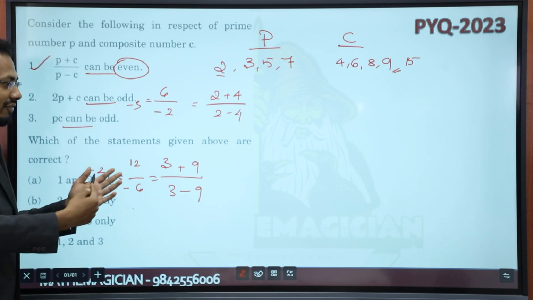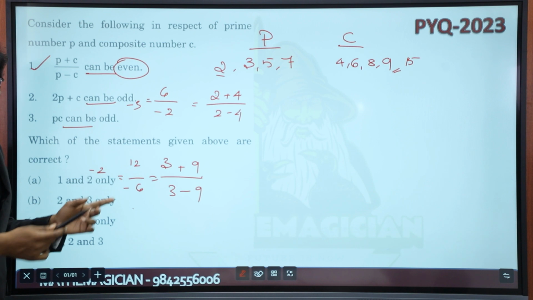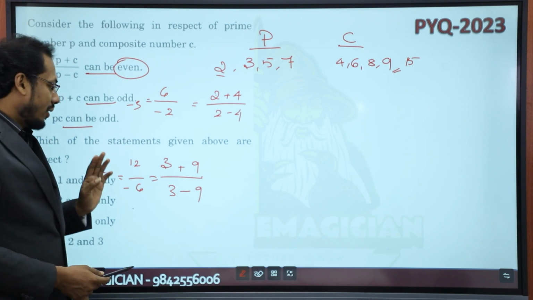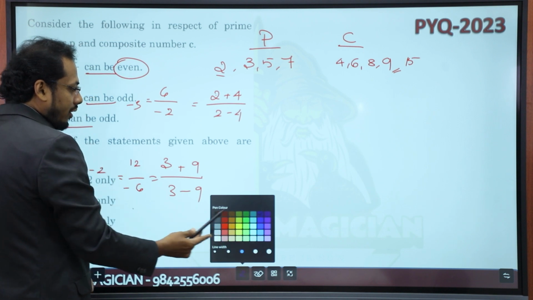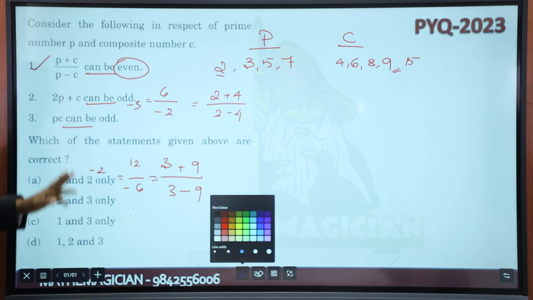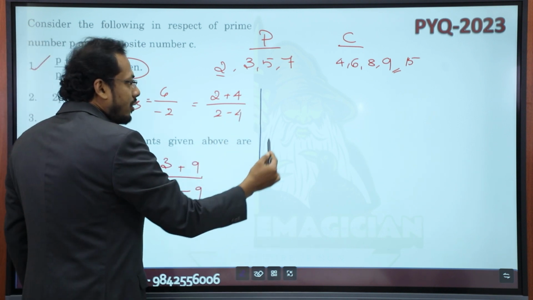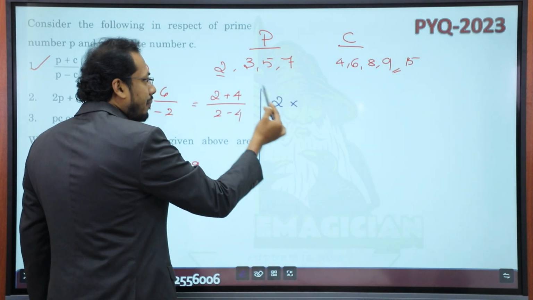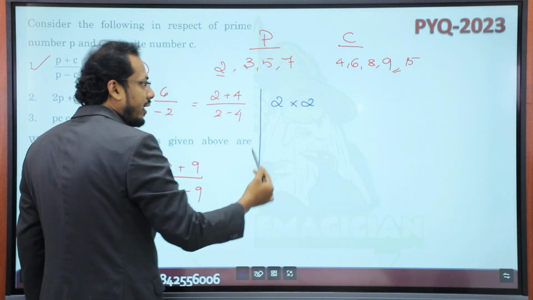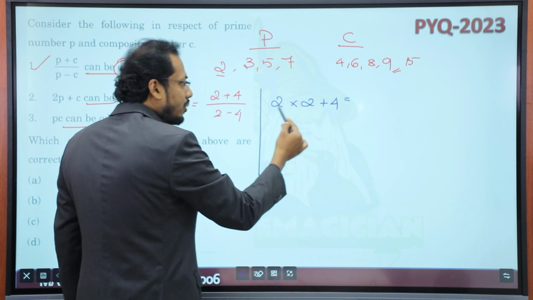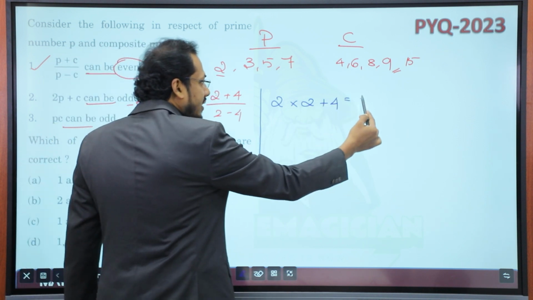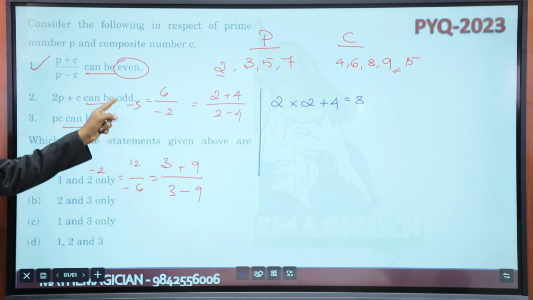So take some different combination of numbers, okay? Next, go for the next one, 2p plus c, right? 2 times p, as usual I take the first combination, plus c is 4. What will I get? 2 into 2 is 4, 4 plus 4 is 8. It is an even number, but they say it should be an odd number.